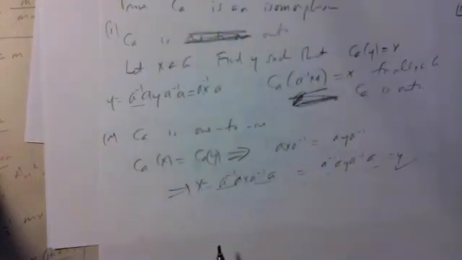So if you take AXA inverse, which is equal to AYA inverse, and you multiply on the left by A inverse, that's still equality. And you multiply on the right by A, that's still equality. But these are the identity. So X equals Y. And that's the end of the proof.